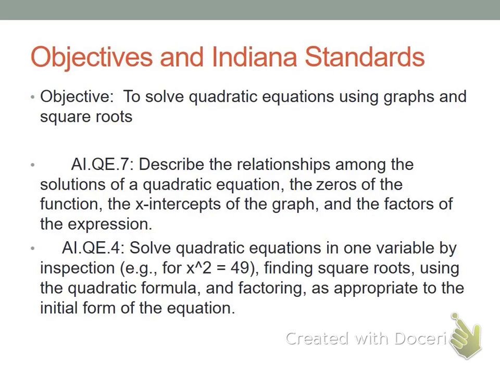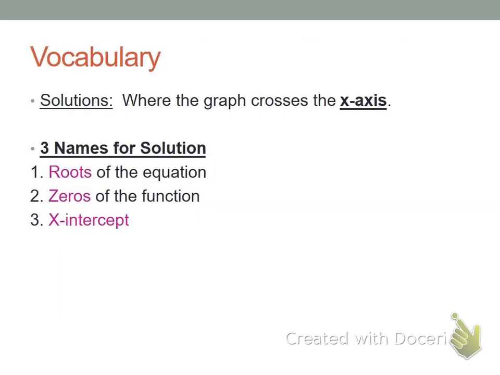And so every function goes to a graph. So we can use a graph to help us find solutions to an equation. And then there's something called the square root method that we're going to focus on today. It's a little bit straightforward. And so the trade-off there is it's a little bit easier, but we can only use it at certain times. So anyway, let's get into it and talk about it a little bit.